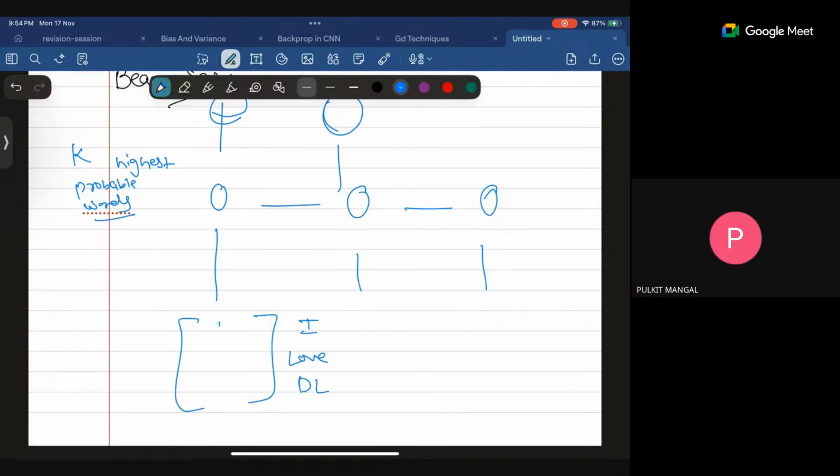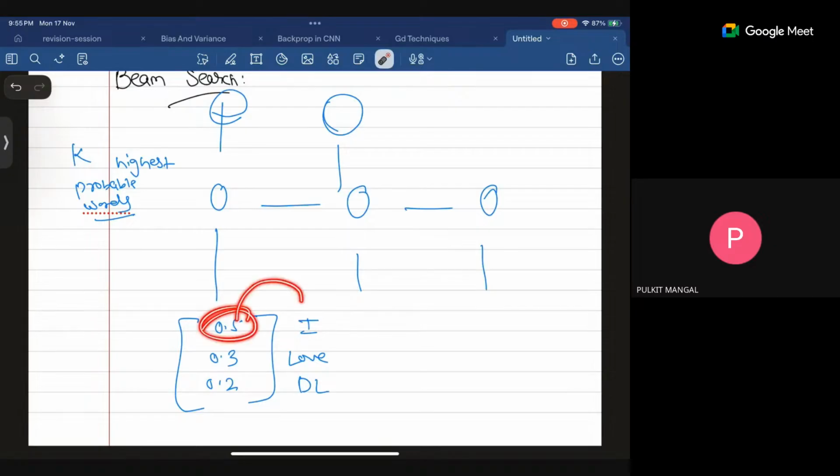We get some probabilities, let's say 0.5, 0.3, 0.2 after applying softmax. Because I has the highest probability, you just predict the word I. That was our greedy approach. This is called greedy because we are greedy for the highest probability.